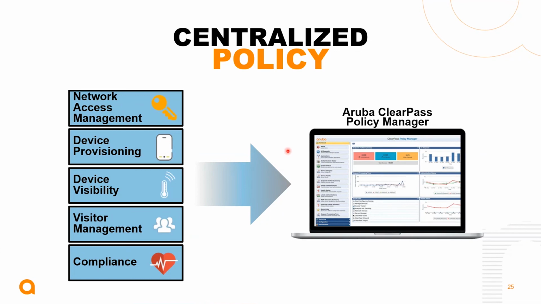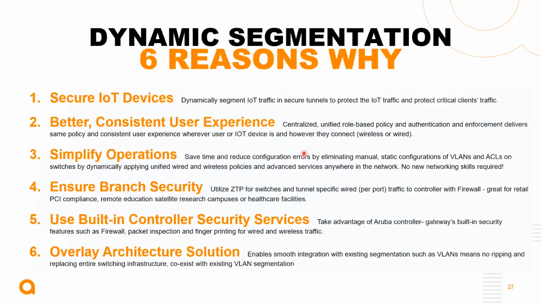And the next good reason is, what are the reasons why I would do the dynamic segmentation? So first, we can secure IoT devices. As mentioned earlier, there are a lot of IoT devices already, so we have to segment them in order to secure tunnels to protect the IoT and protect the critical clients' traffic.